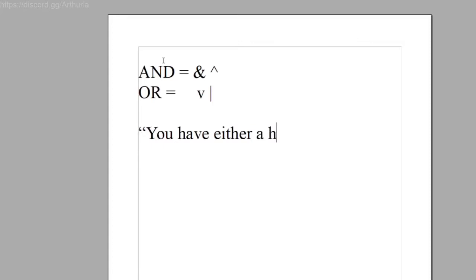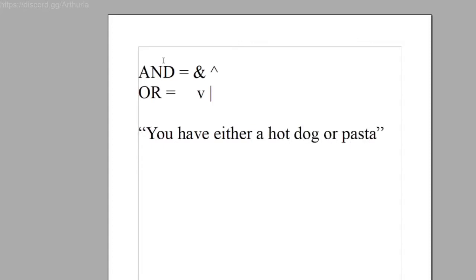So we have the and, which is equal to the ampersand or the caret. We have or, which we're talking about now, which is a V, or this other symbol that the bot uses. And so we have the phrase you have either a hot dog or pasta.